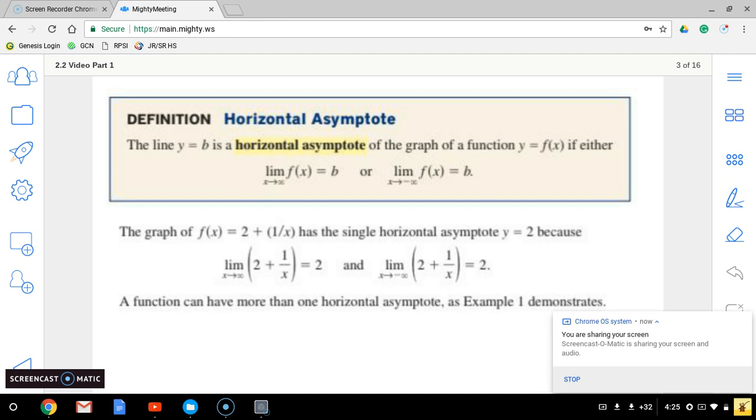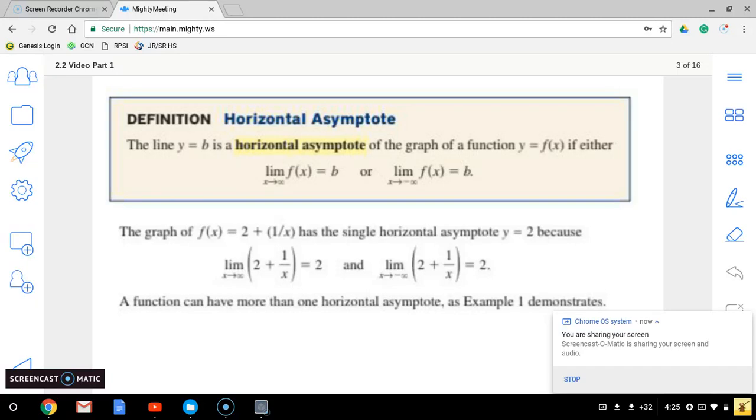So as long as we're going towards infinity or negative infinity and we're approaching a certain number, that means we're never actually going to touch that number, and that will be our horizontal asymptote.